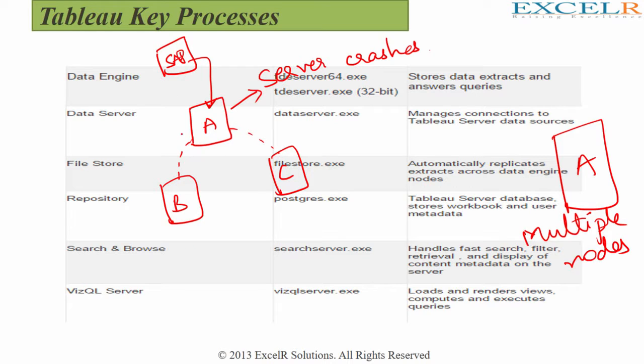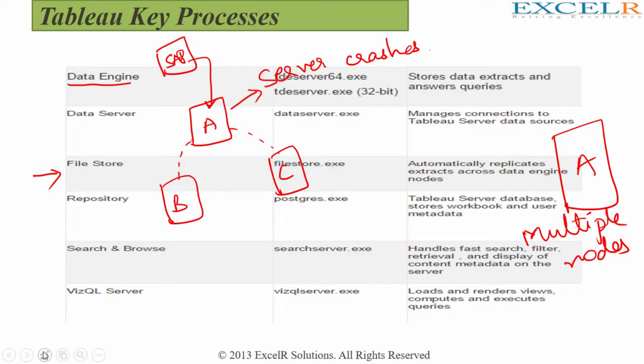You want users to fail over to server B or C, and you want users who are failed over to continue accessing your visualizations or reports. So normally your file store will always be present if there are one or more data engine processes, and it cannot be installed separately. We need to bear that in mind.